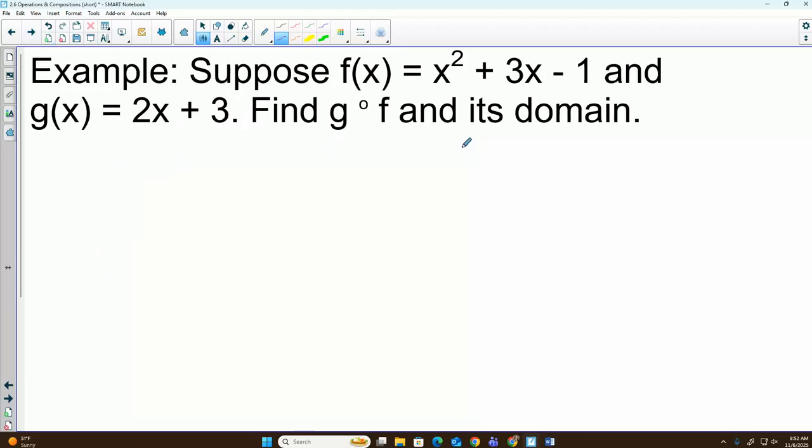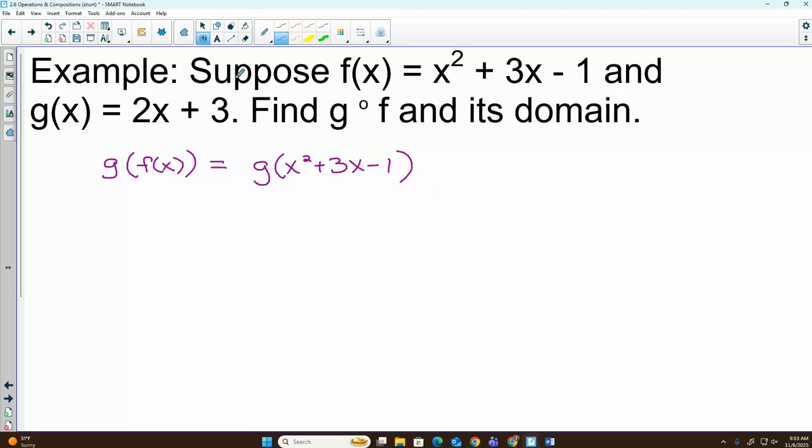For instance, if I gave you this one, I think the easiest option, if you're looking at Math Excel, it's going to tell you a little different method, but I think the easiest option is to go ahead and do the composition first. So we know f of x is x squared plus 3x minus 1.